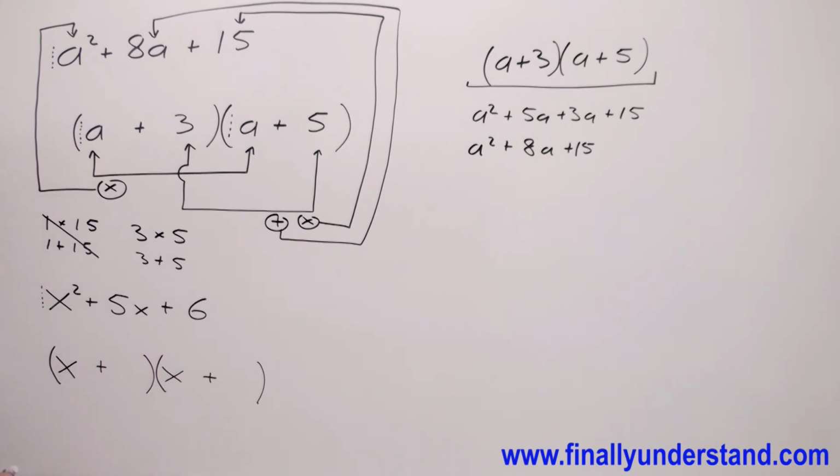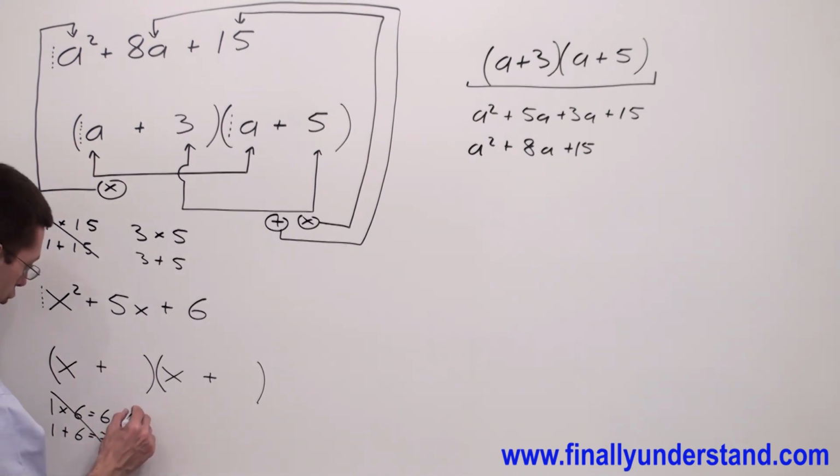Okay, someone can say 1 times 6 is equal to 6. Okay, this is true. But 1 plus 6 gives me 7. I'm supposed to get 5. So this is the wrong pair of numbers. Let's check another one.